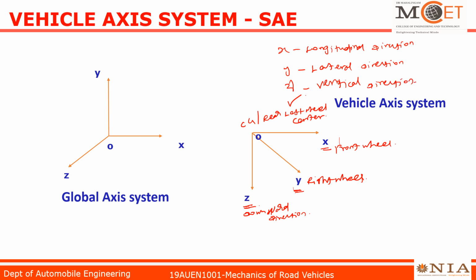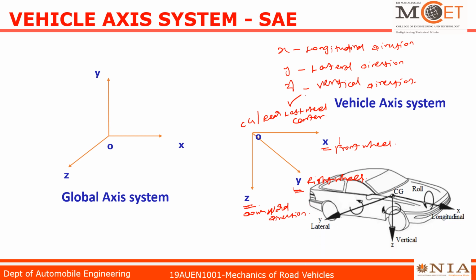So in the SAE vehicle axis system, we mark rear wheel to front wheel as the longitudinal direction, left wheel to right wheel as the lateral direction, and the downward direction as the vertical direction. For understanding, I just make the vehicle axis system in a picture.